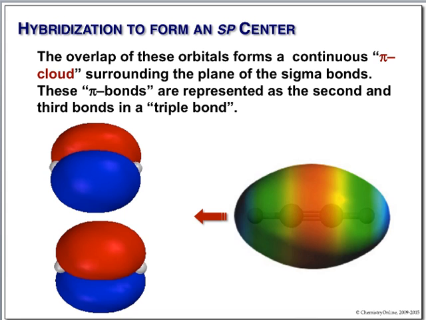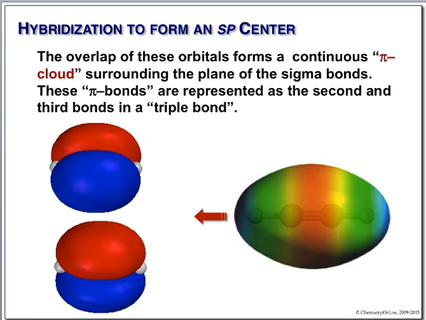And again, you can see this huge belt of electron density around our triple bond. Just like with alkenes, this belt of electron density is going to be the source of all the reactions. Things are going to come in, they're going to interact with this electron density, and we will get addition reactions.